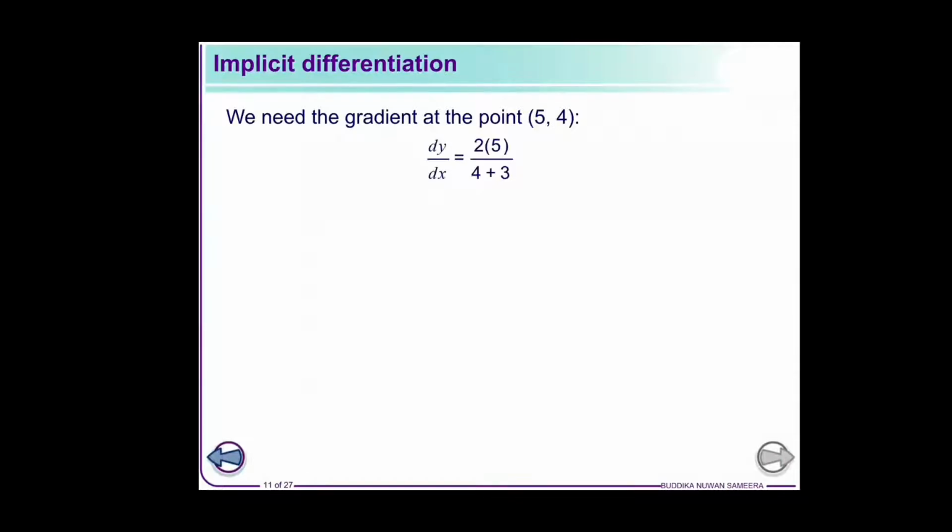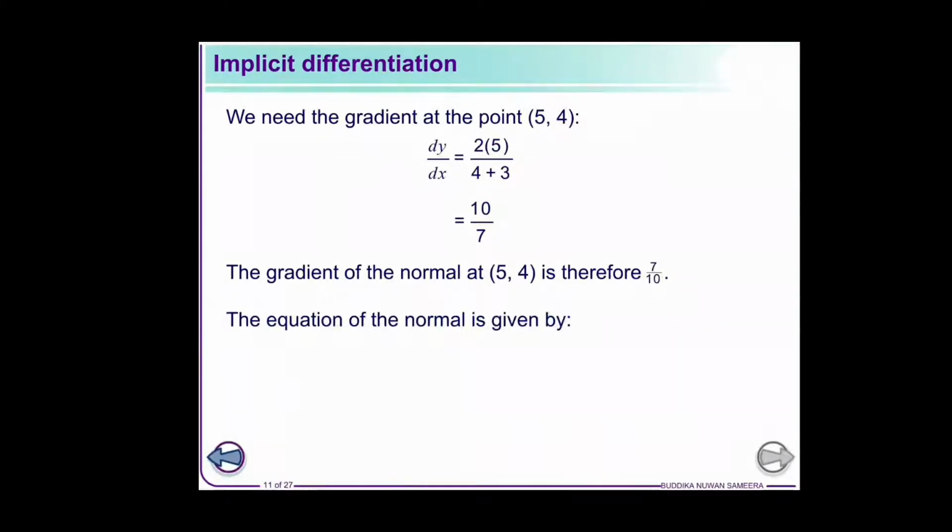So here the point is (5, 4). That means when x equals 5 and y equals 4, you need to find the value of dy over dx. So the value of dy over dx is 10 over 7. That means the gradient of the tangent is 10 over 7.